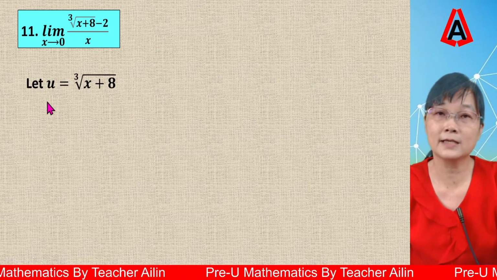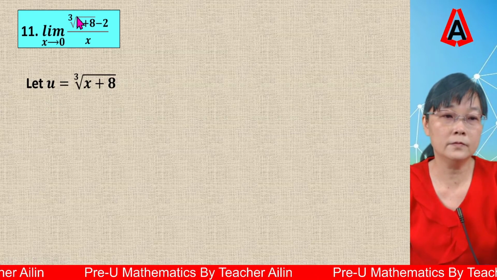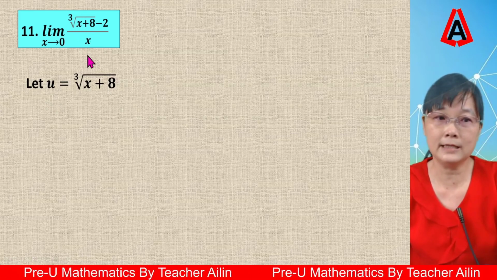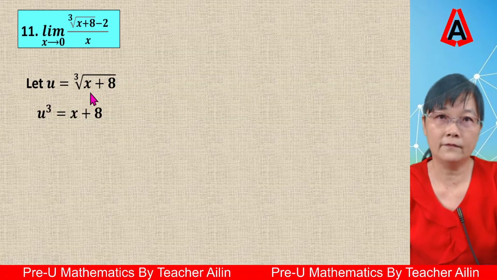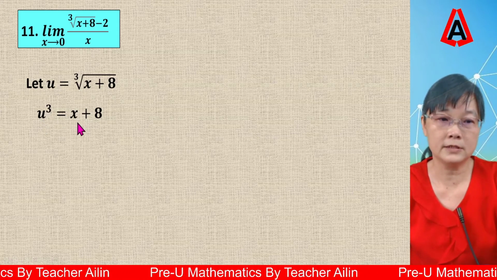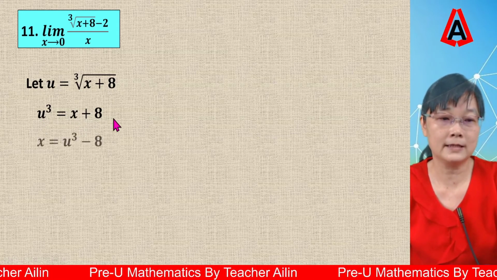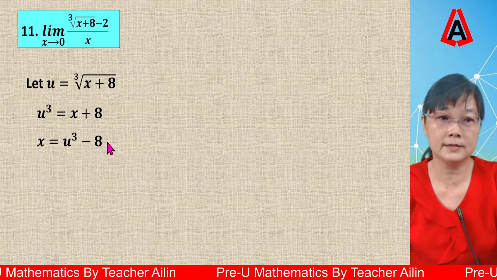Here I use the substitution method, where I substitute the cube root of x plus 8 with u. When u is equal to the cube root of x plus 8, then u power 3 is equal to x plus 8. And x is equal to u power 3 minus 8.